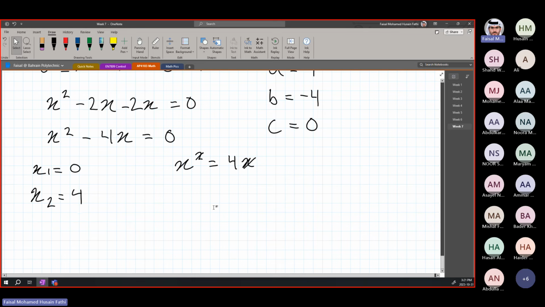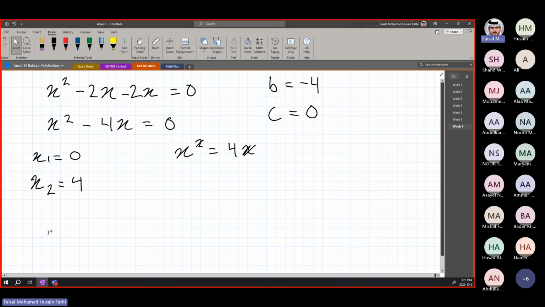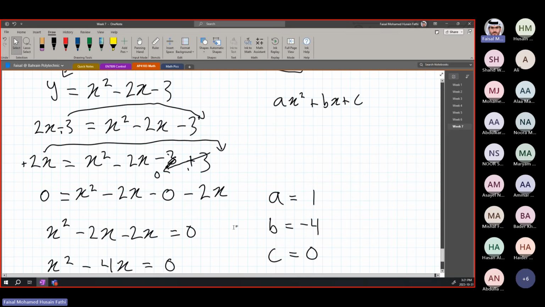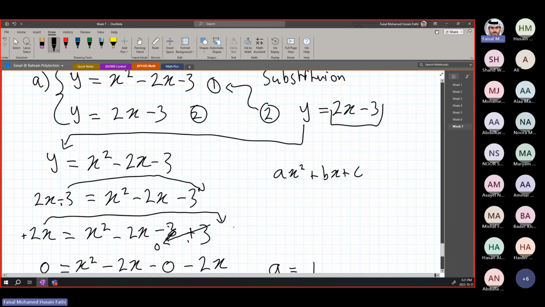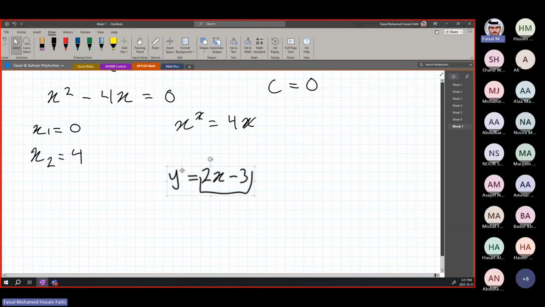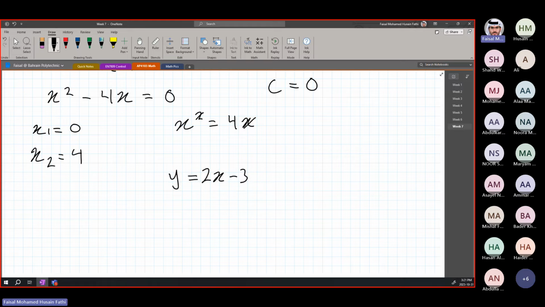Now we found our x values. Because we have two values in a quadratic equation, we're going to have two y values. So now we're going to have to find y1 and y2. Let's take this equation and we'll substitute back into this equation. So y1 is equal to 2 times x1, which is 0, minus 3.